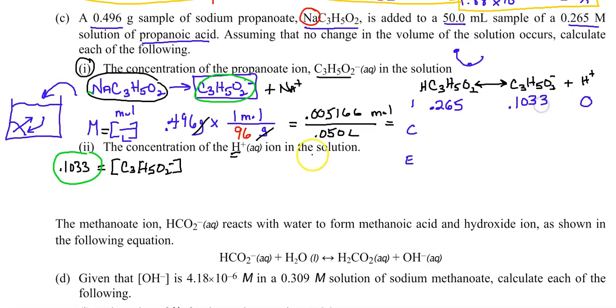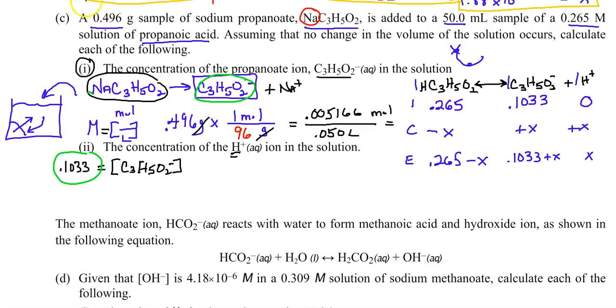Okay. Now it's going to go forward because I'm at this position here. So it's going to be minus x, and this will be plus x and plus x. Why? Because they're all a coefficient of 1, as we've talked about. So at equilibrium, 0.265 minus x, 0.1033 plus x, and x plus 0 in your head is x.